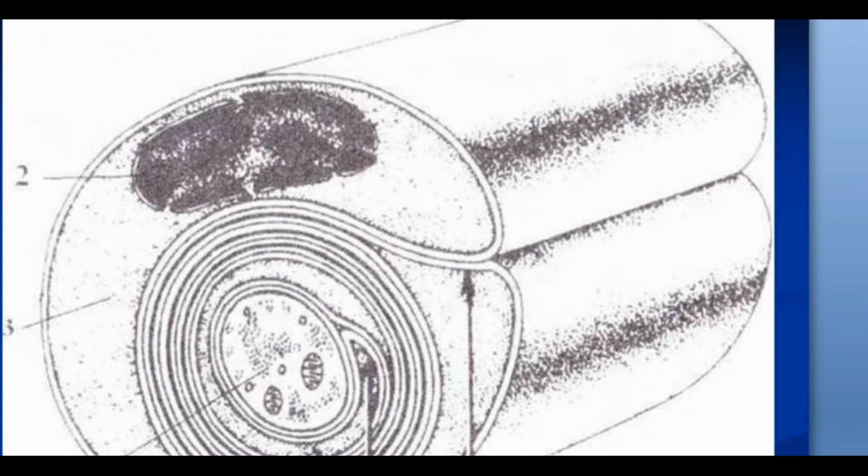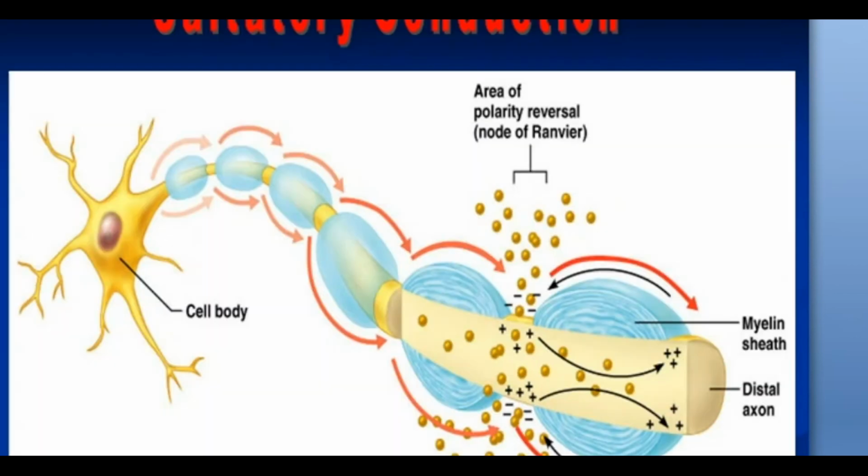Between the Schwann cells, there are short intervals at which the axon is not covered by myelin. These points are nodes of Ranvier. The distance between two nodes is called an internode and consists of a Schwann cell.